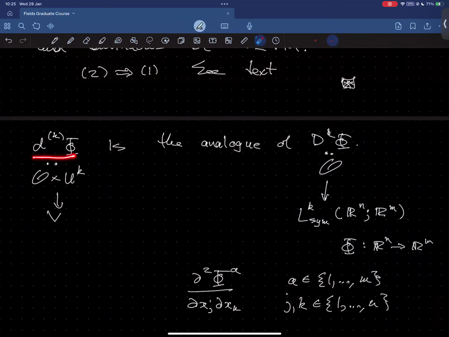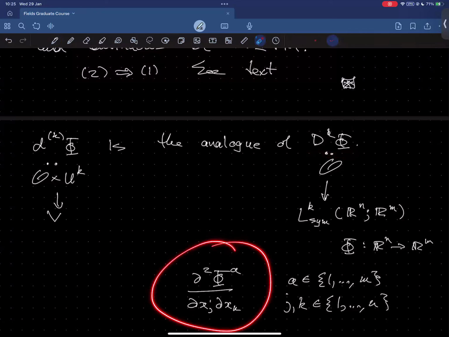Okay, the kth derivative is the derivative evaluated in k different directions. Okay, and here we leave off the directions. Okay, there's no u's in the formula for capital DK phi.